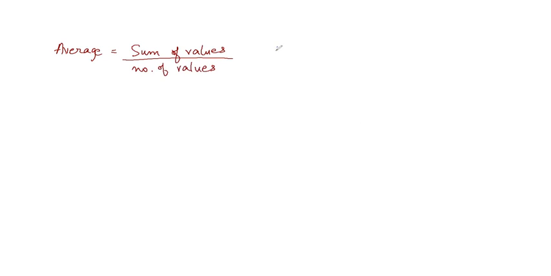Let us say the numbers are 51, 52, 48, 40, 62, and I want to calculate the average of all these numbers. So if I apply this particular formula, I can just take the sum of all these numbers, which is 51 plus 52 plus 48 plus 40 plus 62.